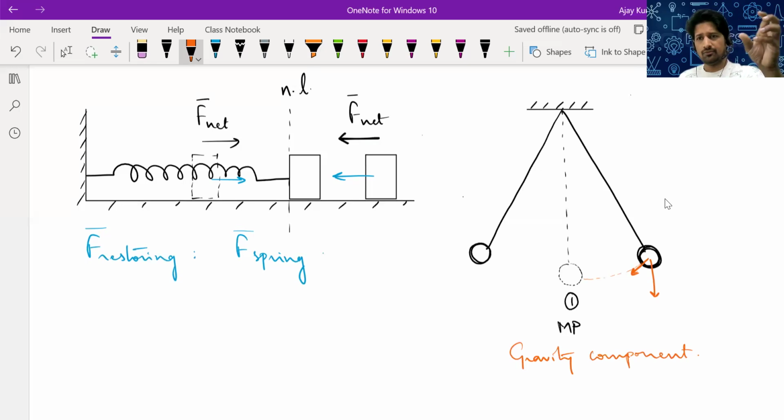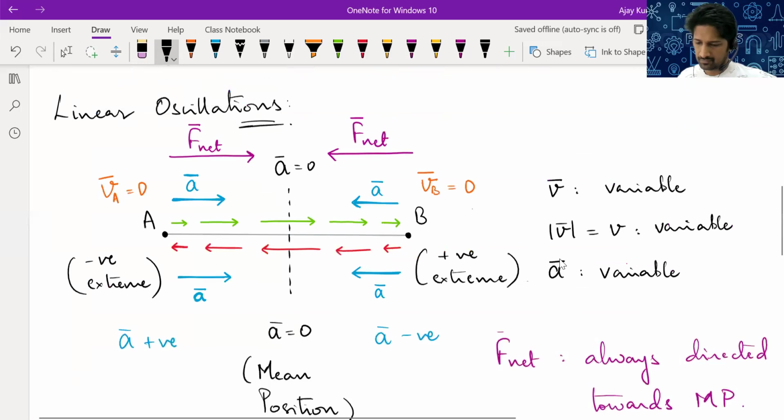Fine. So for every oscillating system, there will be one or more forces directed towards the mean position, and they will contribute to the restoring force. There could be multiple forces also. Now you can see that when the object is on the right side of the mean position, the restoring force is to the left.